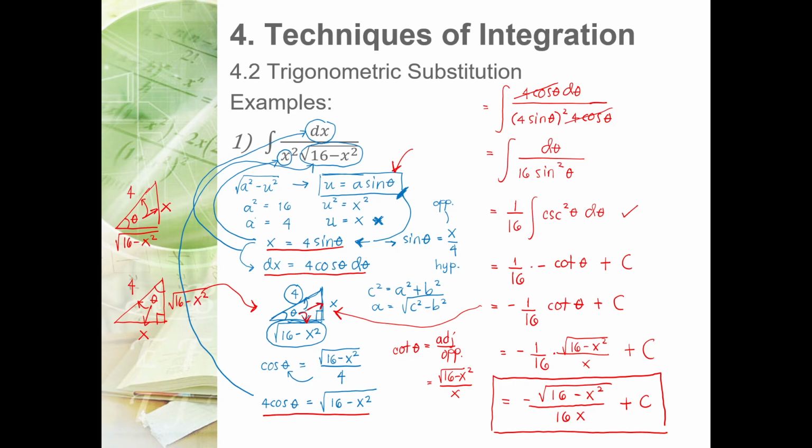Okay, sir. Thank you, sir. As long as you have clearly defined your trigonometric functions, it doesn't matter where the angle is placed, as long as you follow the definition.